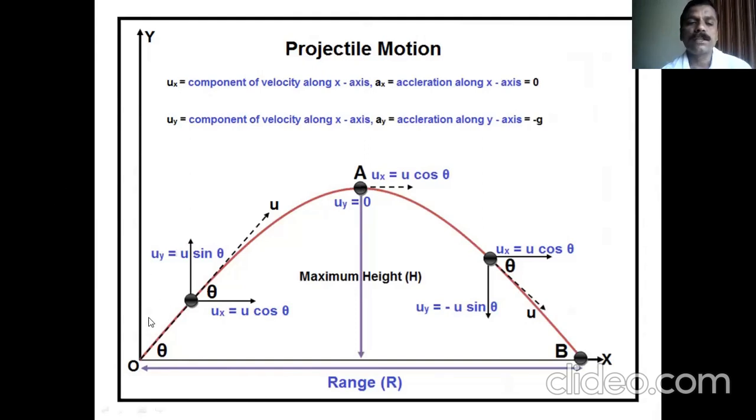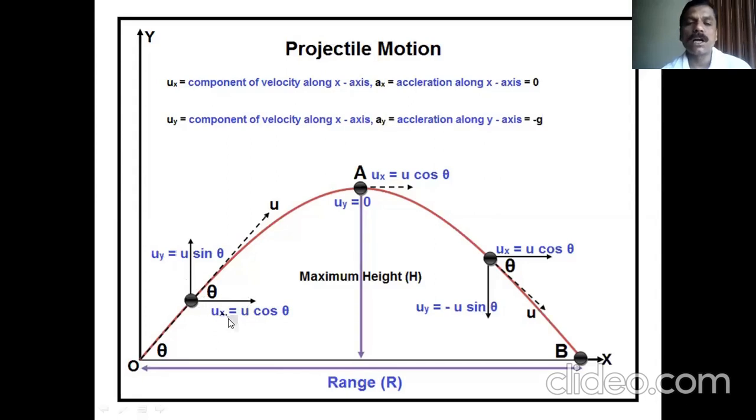If you observe here, this path is given as OAB, and this is the vertical distance, which is the maximum height. This is the horizontal distance, which is called the range. This theta is called the angle of projection. The initial velocity u is divided into two components, ux and uy.